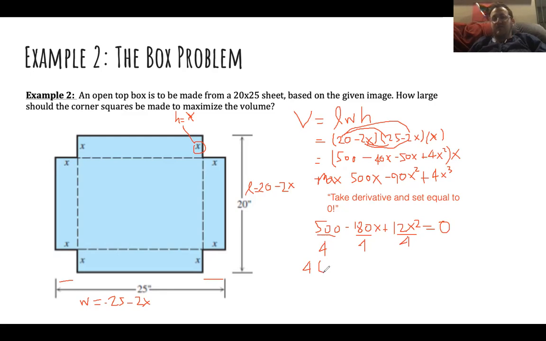So I have 4 times 125, and 180 divided by 4 is going to be 45x, plus 3x squared. And then we want to use factoring or the quadratic formula to solve this.